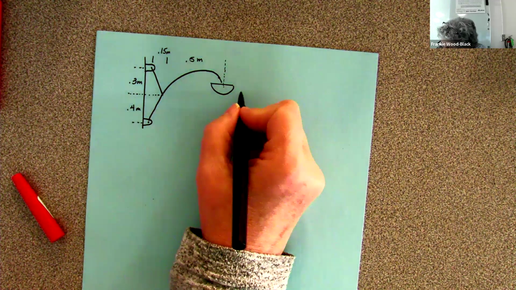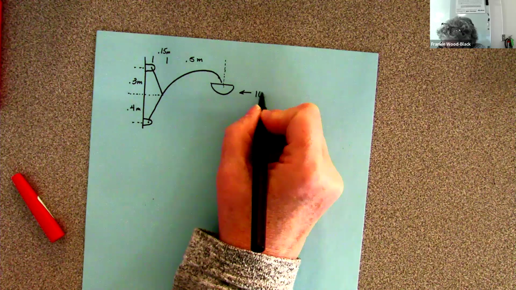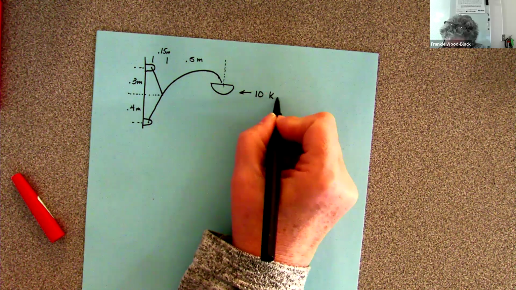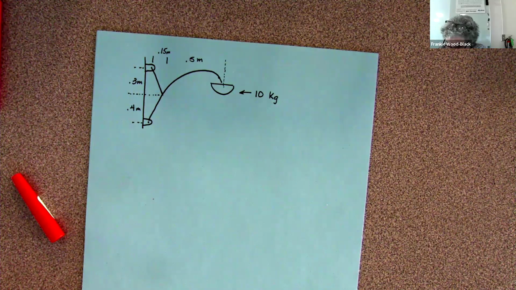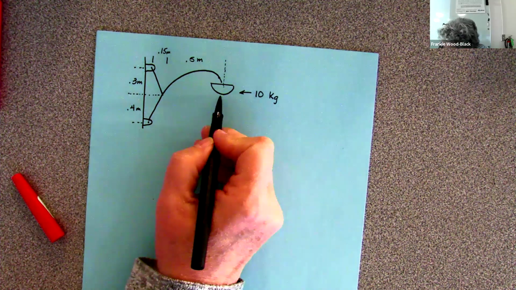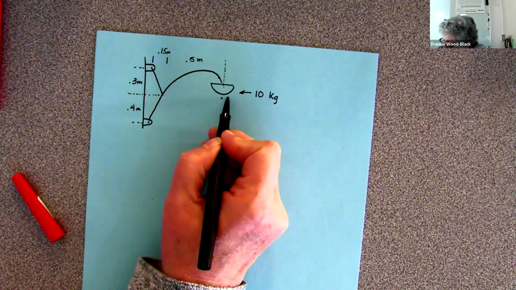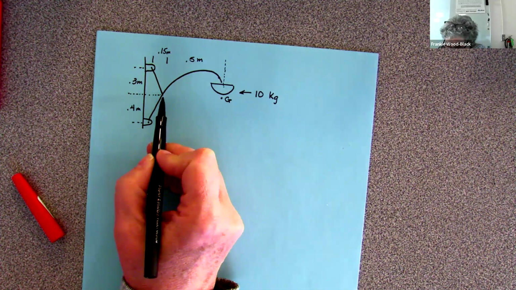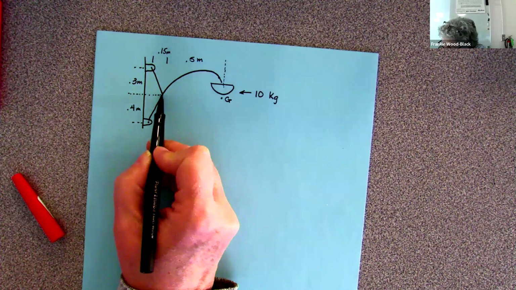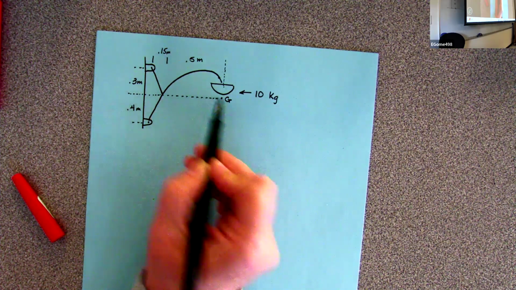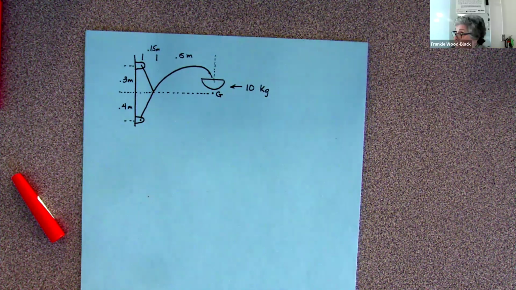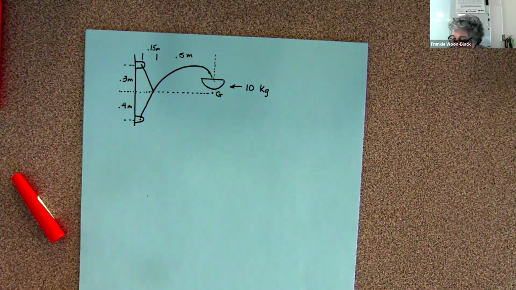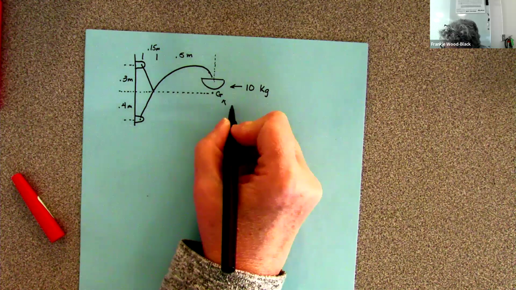The lamp is 10 kilograms, and its G is at the same spot. I just didn't draw it correctly, but that's where its G is. And G is going to be our center of gravity.